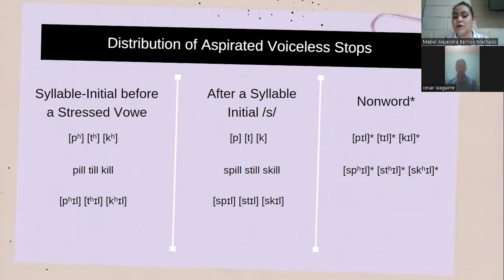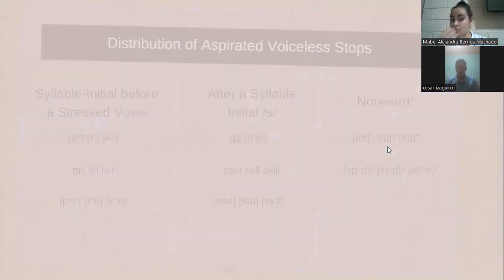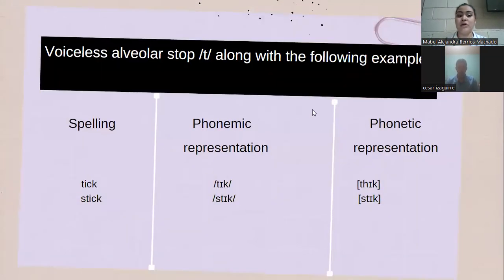After a syllable initial: spill, steal, skill. And the non-word, it's the pronunciation. A voiceless alveolar stop T, with the following examples: spelling, tick, and stick.